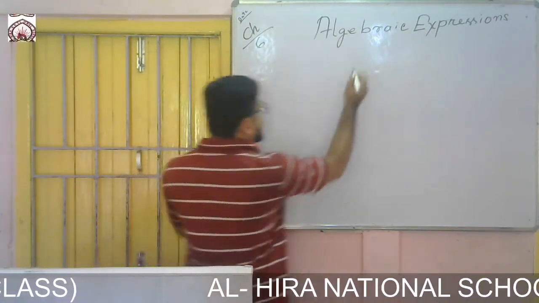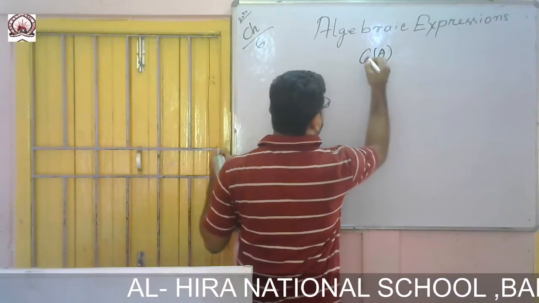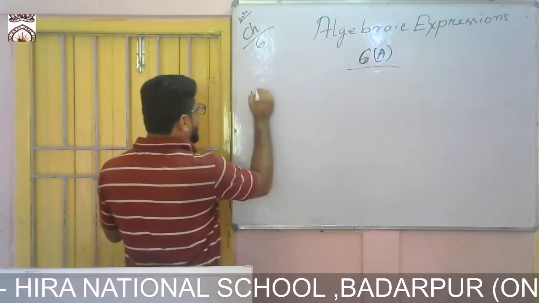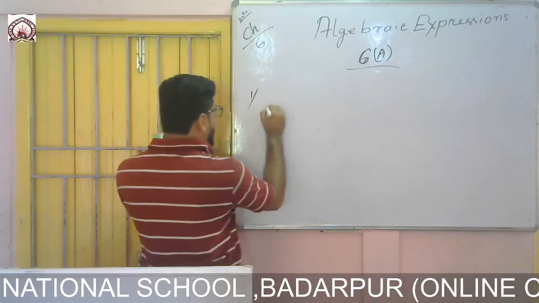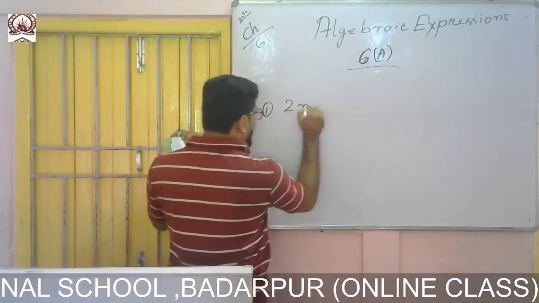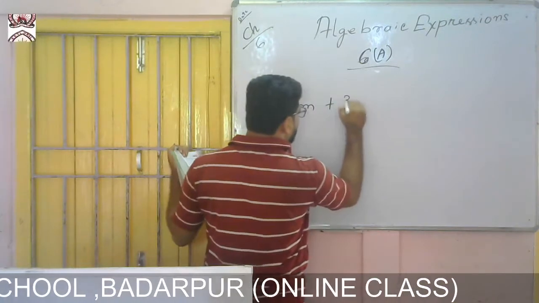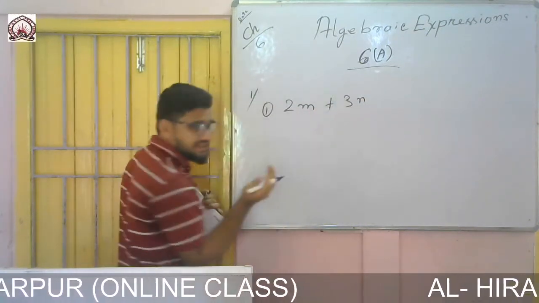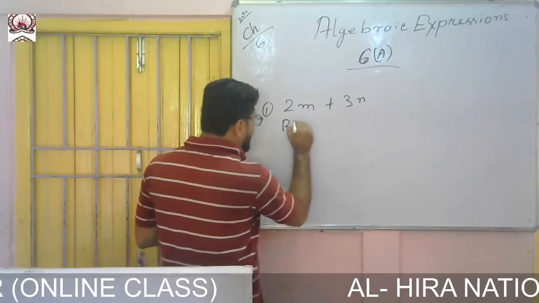So you see exercise 6a, question number 1. Number 1 is 2m plus 3m. Obviously it is binomial, because two terms are there.